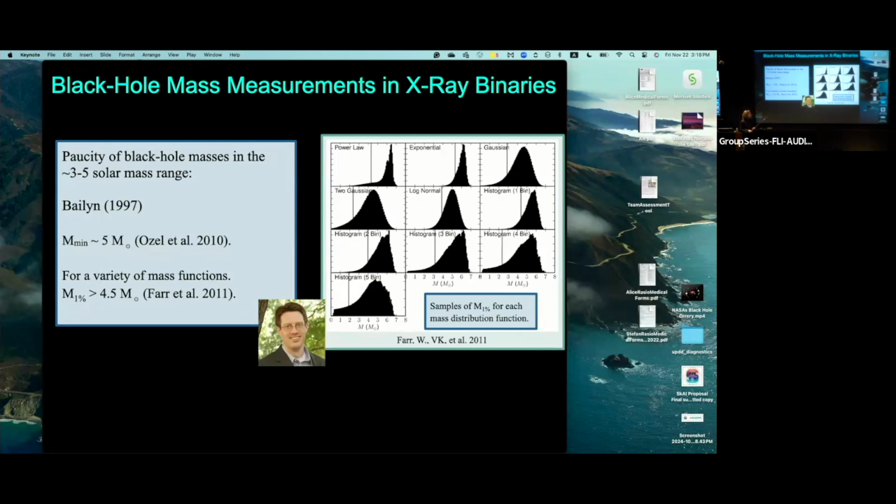Long story short, our approach was to ask the following question. With the full uncertainties, the PDF uncertainties of each individual measurement, can we extract a global probability distribution function for the black hole masses?